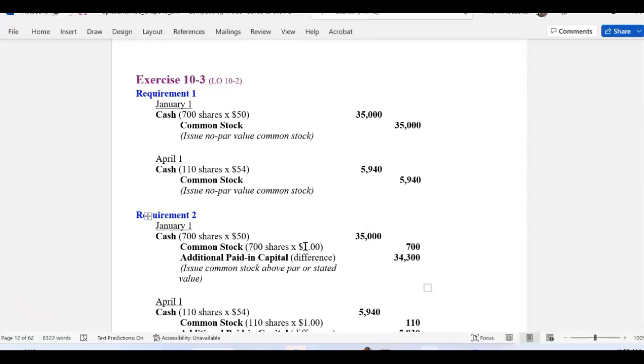But common stock goes just based on $1 par value times 700 shares. That's $700. That's all that goes in common stock. The additional cash that you raise goes in additional paid in capital, common stock. That's the difference, $34,300 credit.